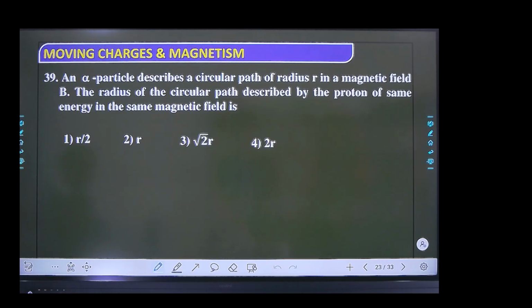An alpha particle describes a circular path of radius r in a magnetic field. Find the radius of circular path described by a proton of the same energy in the same magnetic field.